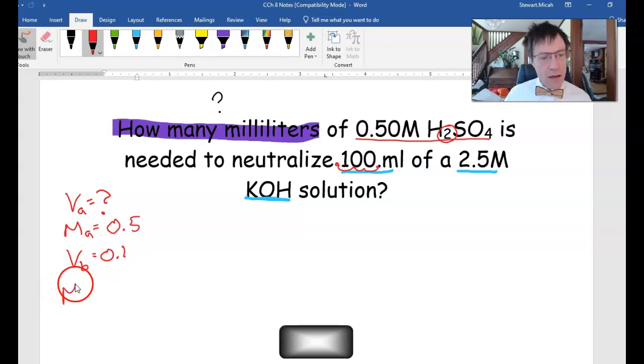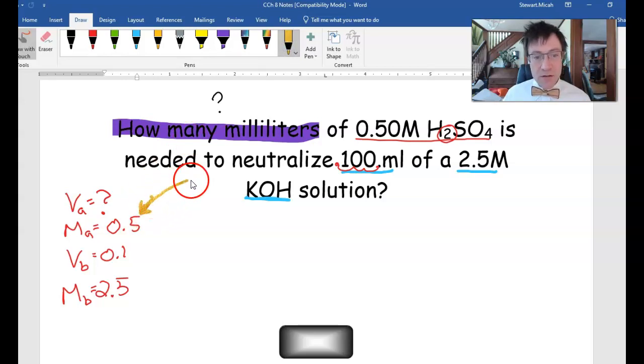And the molarity of my base is going to be 2.5. Right? So something I need to keep in mind, do not forget that this is going to need, do it in gold sparkles. You need to remember this, right? Can't forget that when we do our equations.